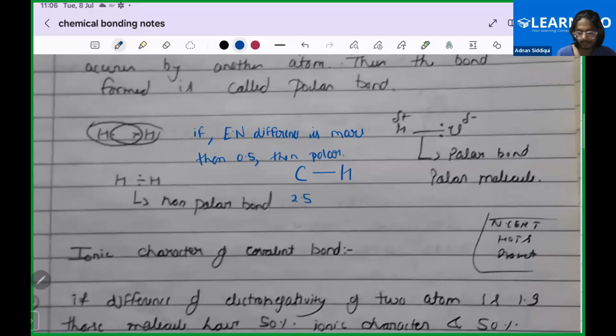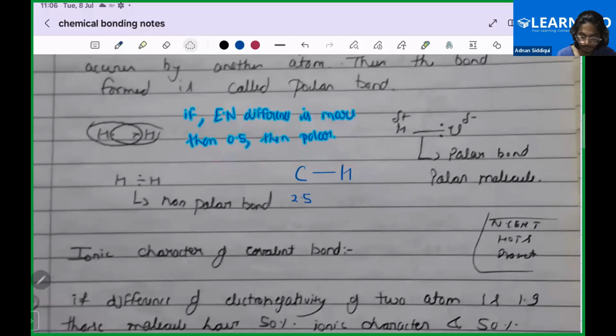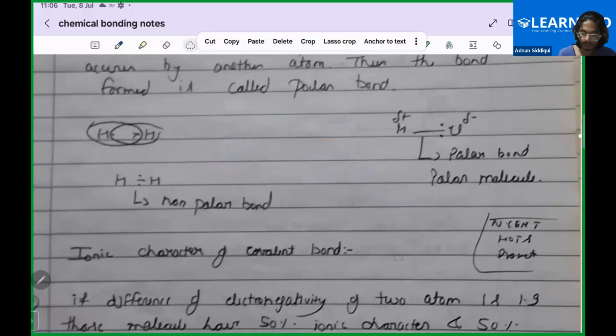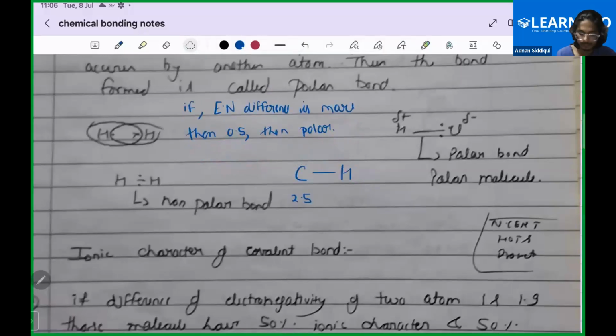What about hydrogen? Um, I think it's going to be 1, or 0. Not one, neither zero. 2.2. So what is the difference between the electronegativities? 0.3, right? Oh, okay. It is less than 0.5, so it is a non-polar molecule, right?